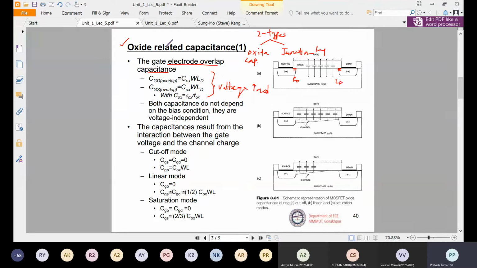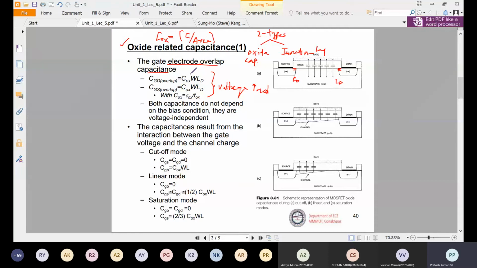COX we already know, that is oxide capacitance. This COX is defined as the capacitance per unit area.